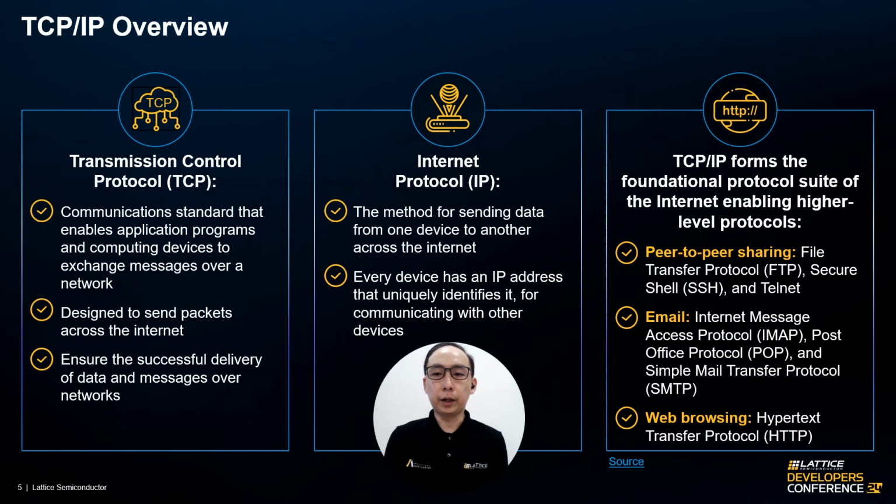Both TCP and IP form the foundational protocol suite for the internet, which enables higher-level protocols such as peer-to-peer sharing, including File Transfer Protocol FTP, Secure Shell SSH, and Telnet. It also enables email exchange, including Internet Message Access Protocol IMAP, Post Office Protocol POP, and Simple Mail Transfer Protocol SMTP. And it also enables web browsing, such as Hypertext Transfer Protocol HTTP.